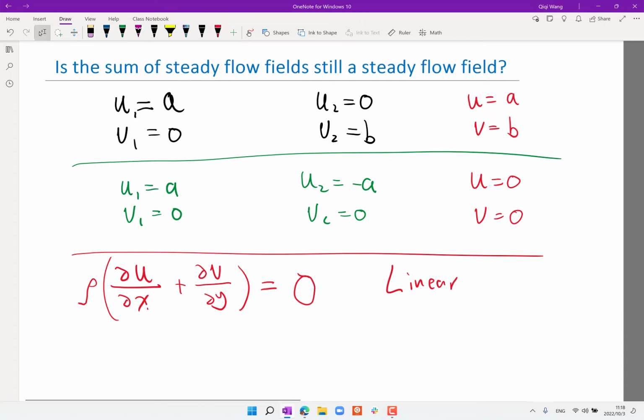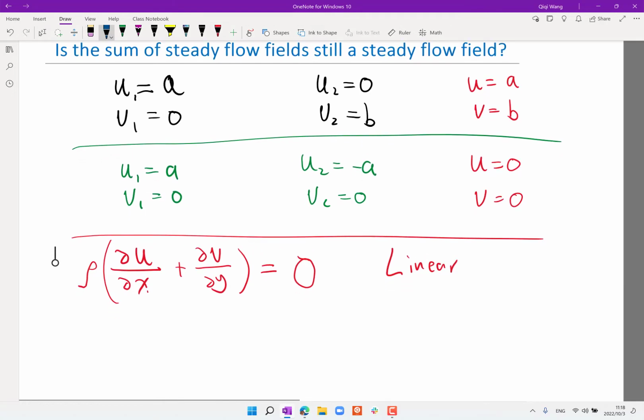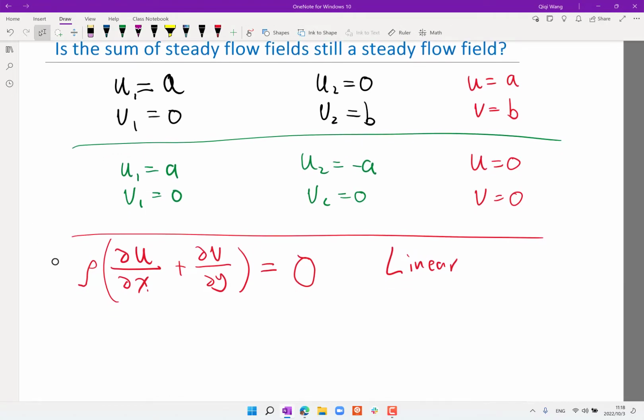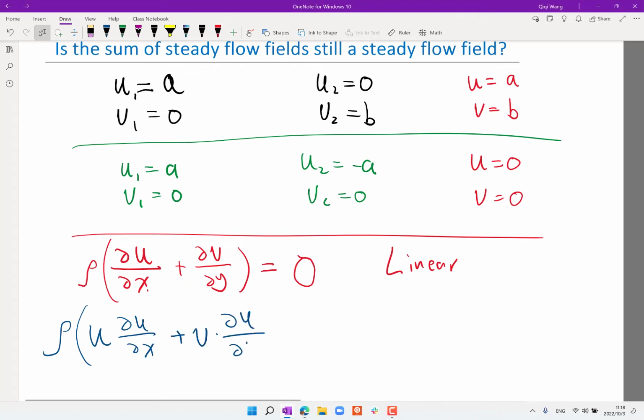How about the conservation of momentum equation? Again, let's just write it for incompressible flow. So rho times u times du dx plus v times du dy, that's the momentum in the x direction, plus dp dx is equal to 0.